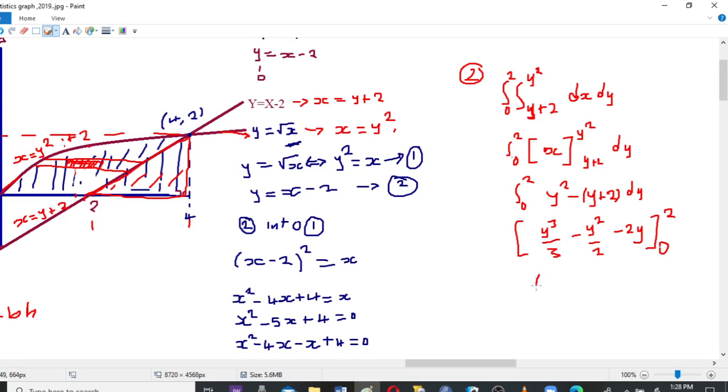Doing that, we substitute with 2, and we have 2 cubed over 3, then minus 2 squared over 2, then minus 2 times 2, substituting y which is 2 again.